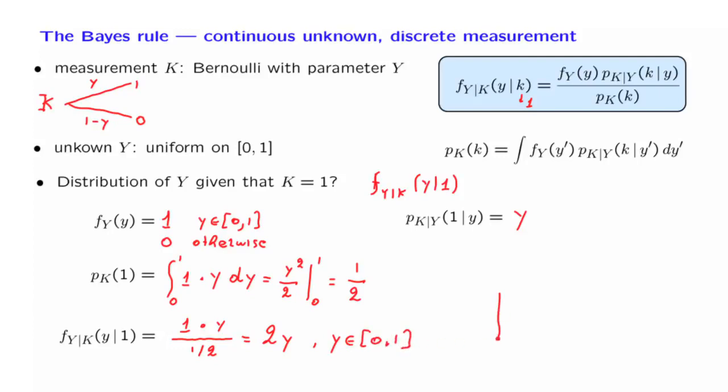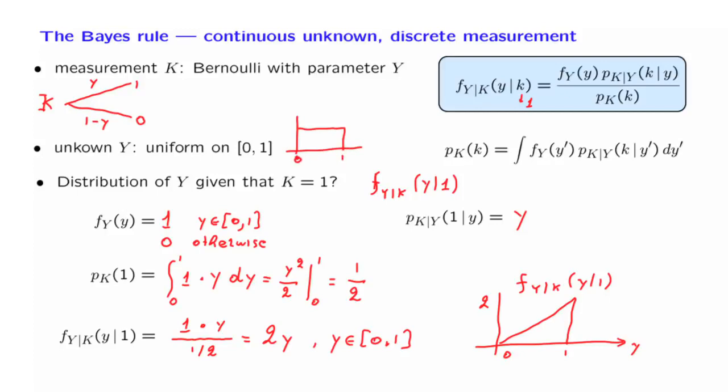If we are to plot this PDF, it has this shape. This is a plot of the PDF of y given that the random variable k takes on the value of 1. Initially, we started with a uniform for y, so all values of y were equally likely.